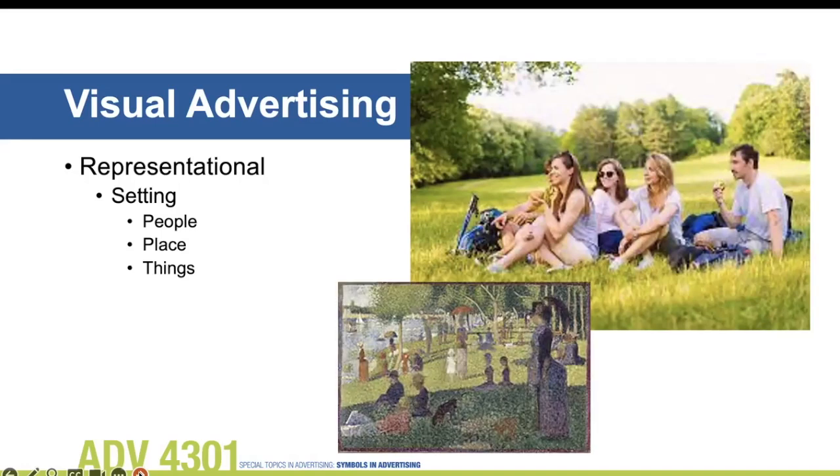And from my background of art history, my first thought was this particular painting, an iconic painting. You can see that it has the same sort of trees in the background. It has the same sort of grass there. People are sitting on the ground, looking all in the same direction.